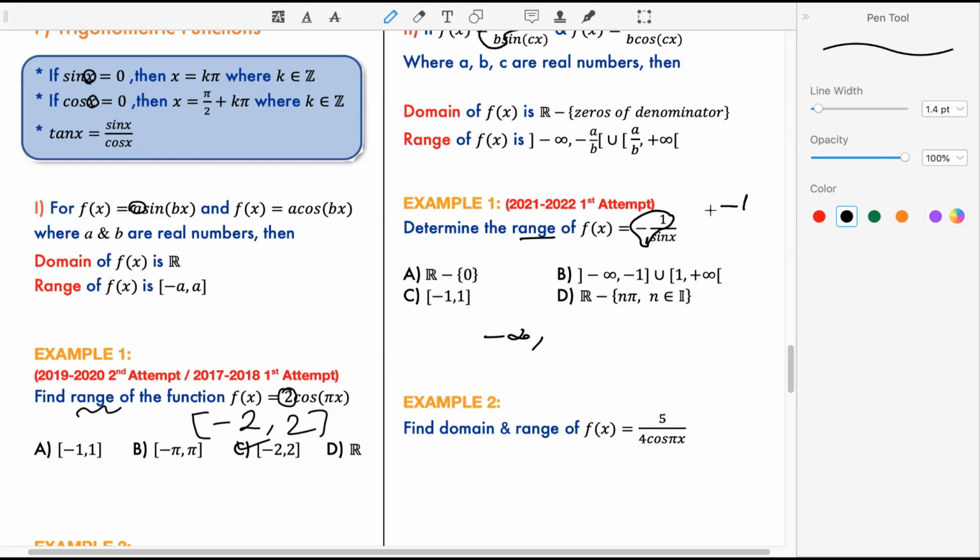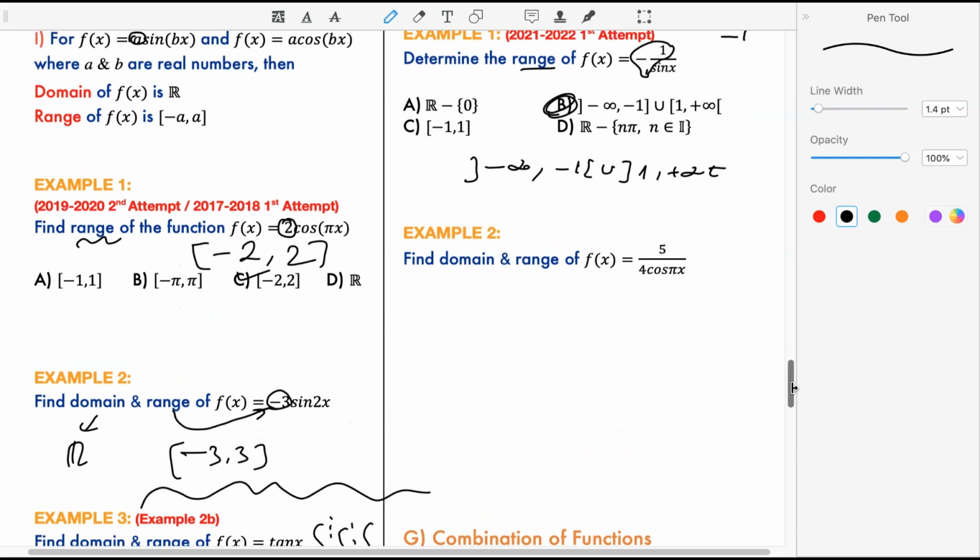It doesn't matter if the coefficient is negative or positive. You write the negative 1 first, exclusive, union, the positive 1 to infinity. So it's option B. If you don't know the rule, it's not possible to solve it. You can just pick randomly, but if you know the rule, you can solve it by eye.